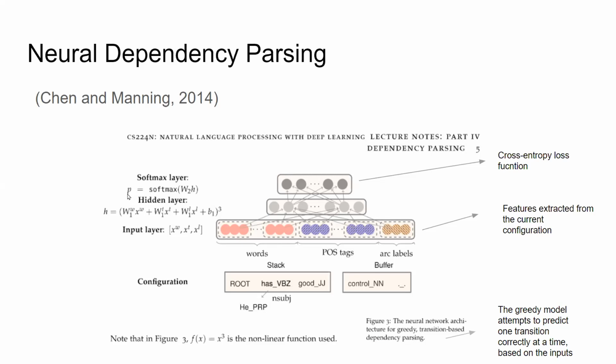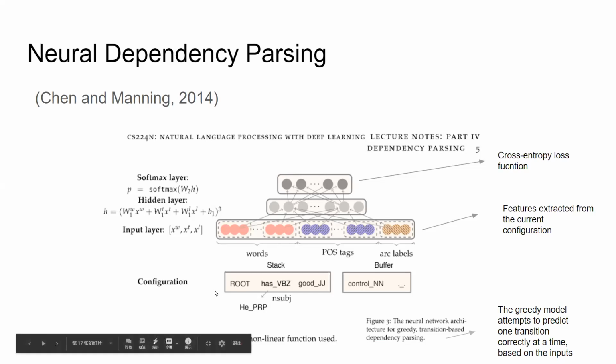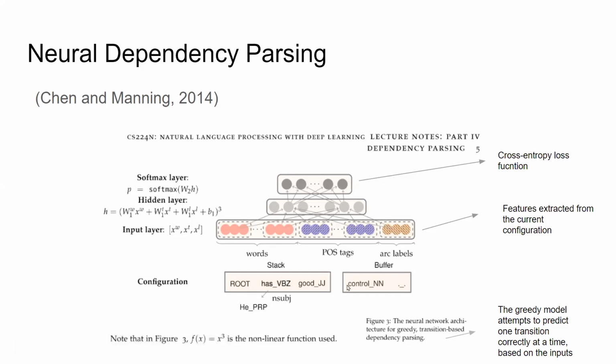So above this layer, there's a softmax layer. They use a softmax function to get the output, and they use a cross entropy loss function. The aim of this parser is to predict a transition sequence from some initial configuration to a terminal configuration in which the dependency parse tree is encoded.